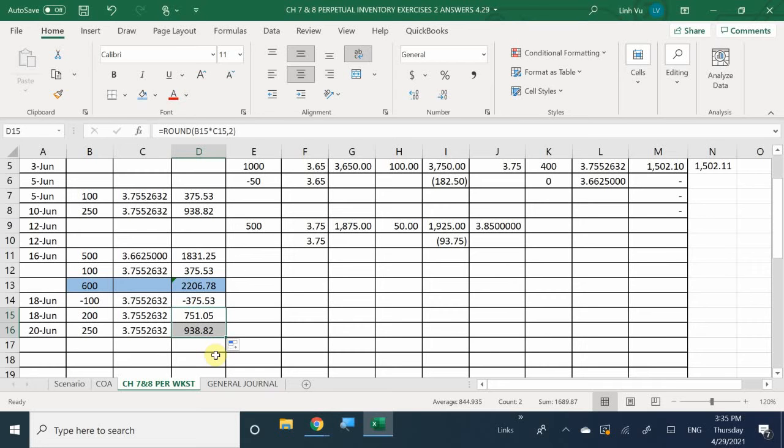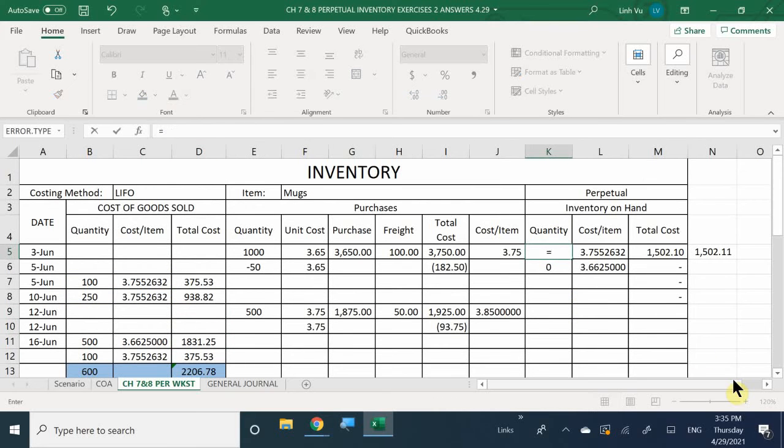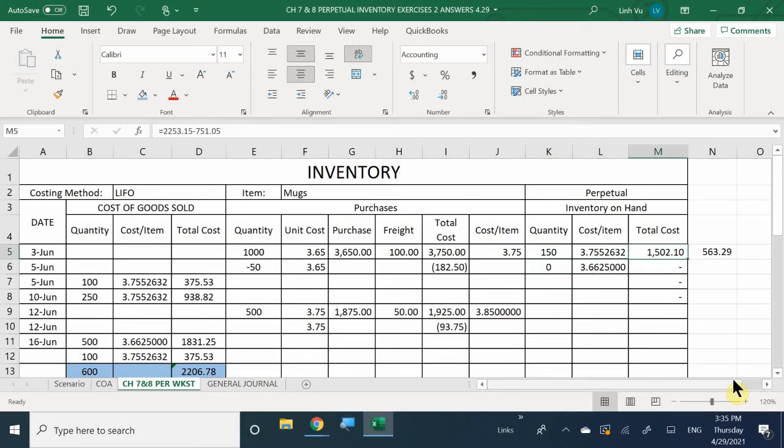So now we have to update my inventory. In this case, I started out with 400 and now I'm down to how much? So 400 minus 150. Okay. And we also have to update my other side too because I sold a few items.